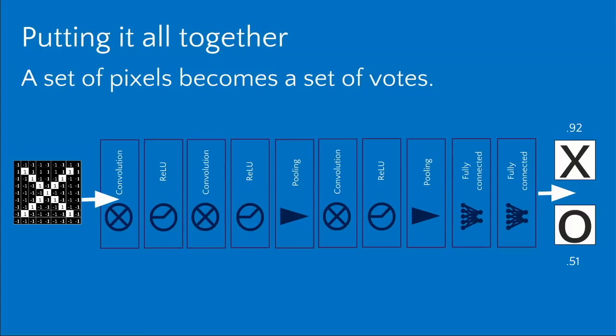Give it a bunch of inputs that we know the right answer to, and we let it adjust all of those connections. Not only that, it also adjusts all of the pixels in the features for each convolutional layer. So it learns not only the weights, but also the features. And then over time, those representations become something that lets it predict very well what is an X and what is an O.